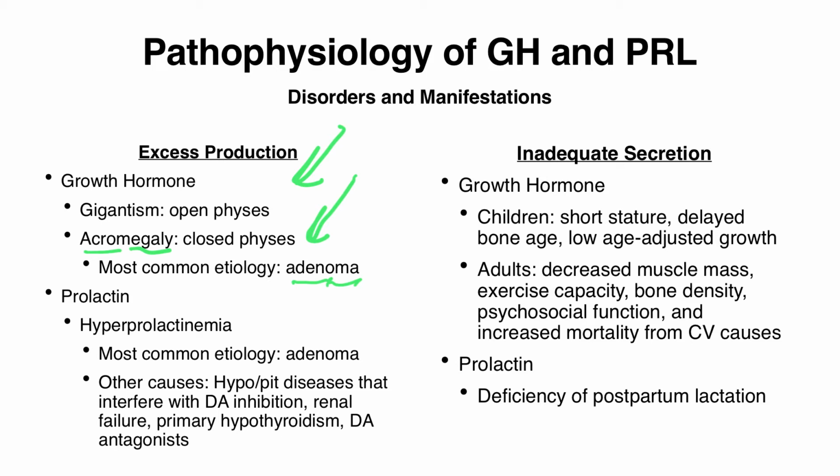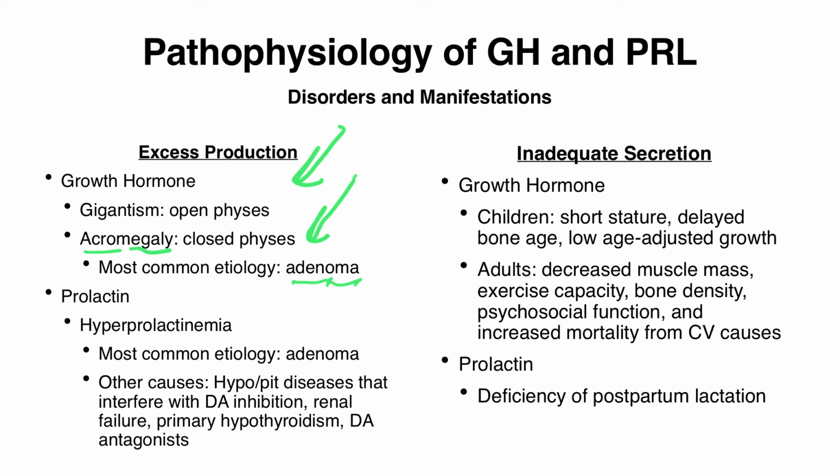With excessive secretion of prolactin, or hyperprolactinemia, we still see adenomas driving that manifestation, but there's also the interplay with more complicated feed-forward mechanisms from the dopamine system and also from the thyroid.